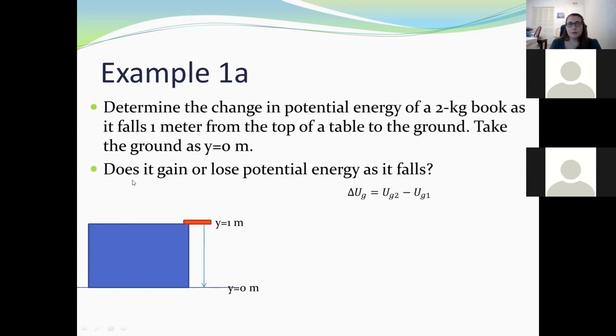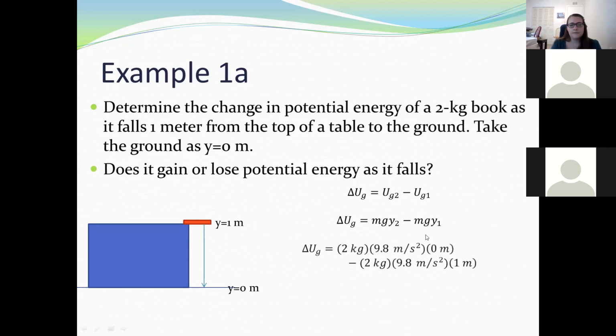So thinking about our potential energy then, our change in gravitational potential energy is the potential energy at point 2 minus potential energy at point 1, just like every other change in something that we've ever calculated. So if we know that the potential energy due to gravity is mgy in this case, then our change in potential energy is mgy2 minus mgy1.